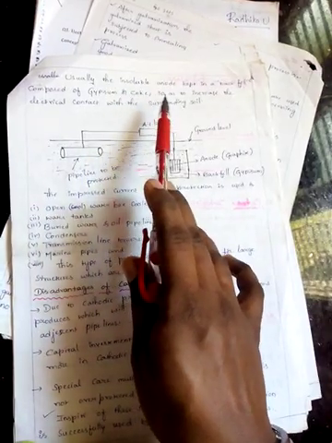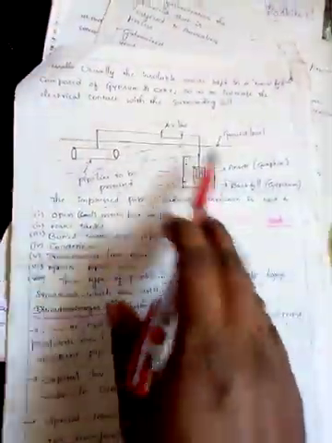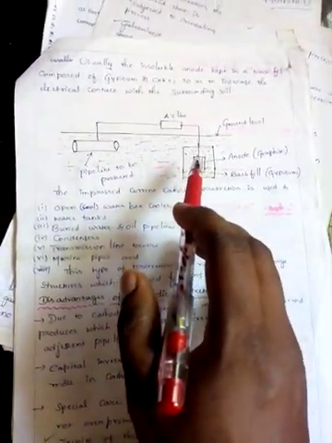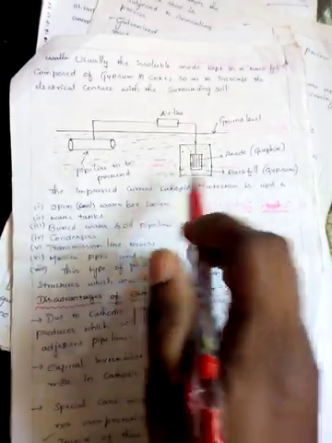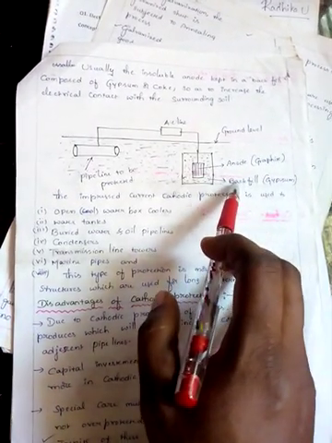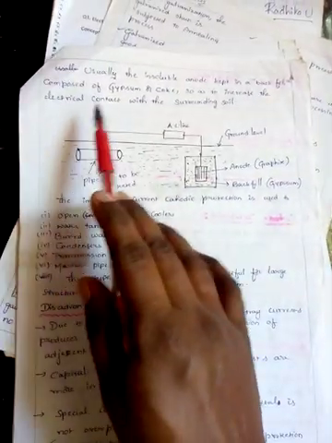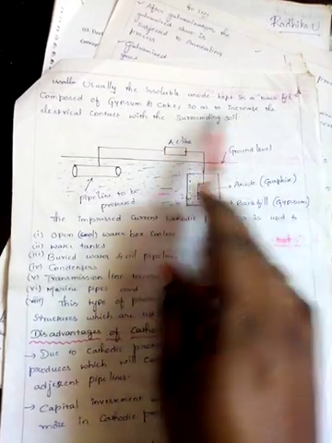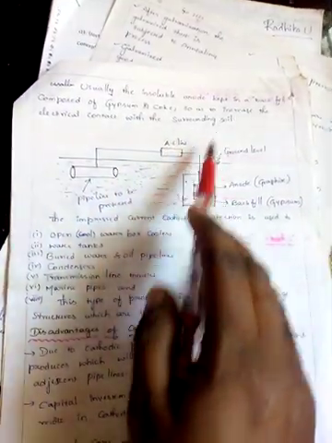Usually the insoluble anode is kept in a backfill, which is a box stuffed with some material such as gypsum, composed of gypsum and coke etc., so as to increase the electrical contact with the surrounding soil.